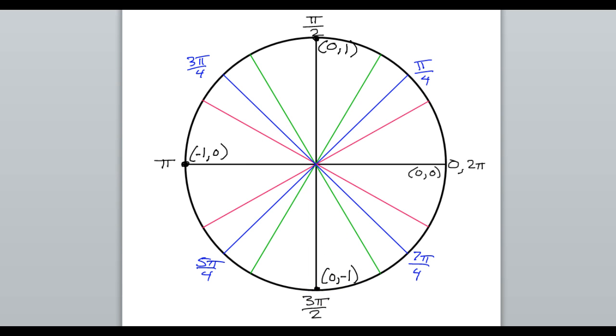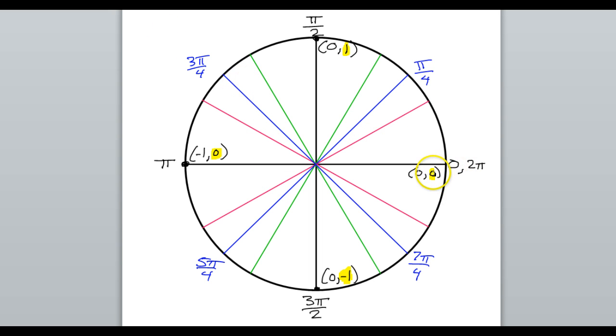Now remember that on the unit circle, the sine function is the y value. So this is the value of sine, and this is sine, and this is sine, and this is sine. So these are the values of the sine function at each one of these angles.